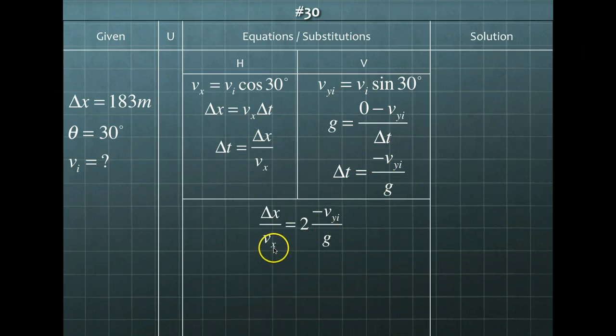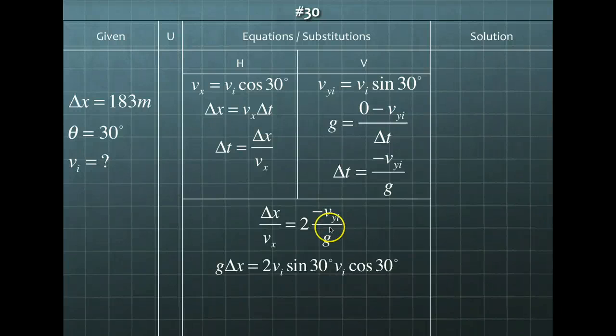And now I'm looking at Vx and Vy. This is a known, this is a known. These two are sort of unknown. However, I can connect them because initial velocity vertical is through sine and Vx is through cosine. So I'm going to rewrite these down. What I do is I cross multiply and I end up with 2 V initial.